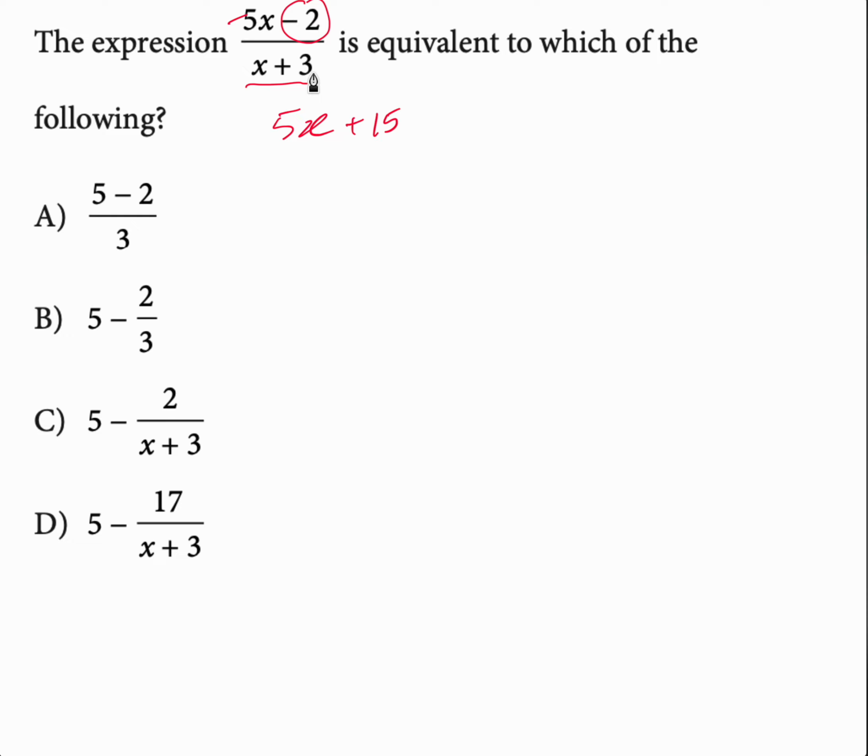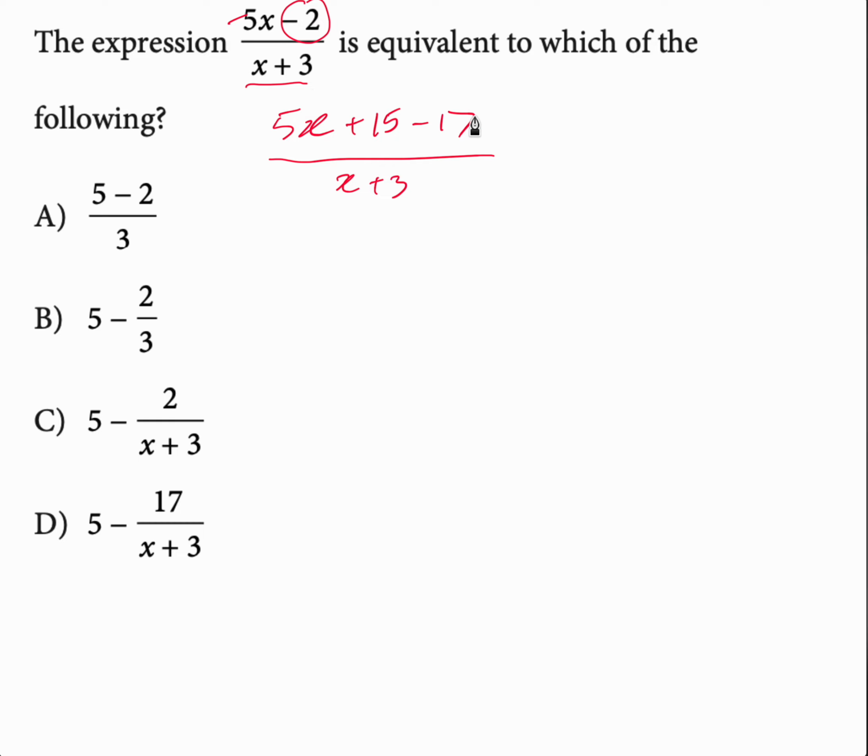But because you cannot change the value of an expression, you simplify but you retain the value, so you then subtract 17. So 5x plus 15 minus 17, I didn't change anything, and I keep the denominator x plus 3 the same.